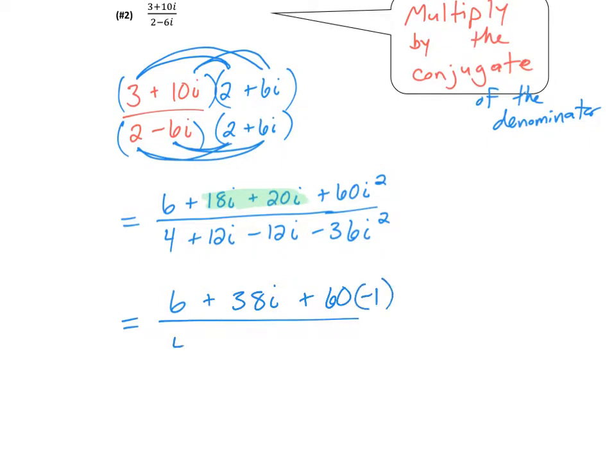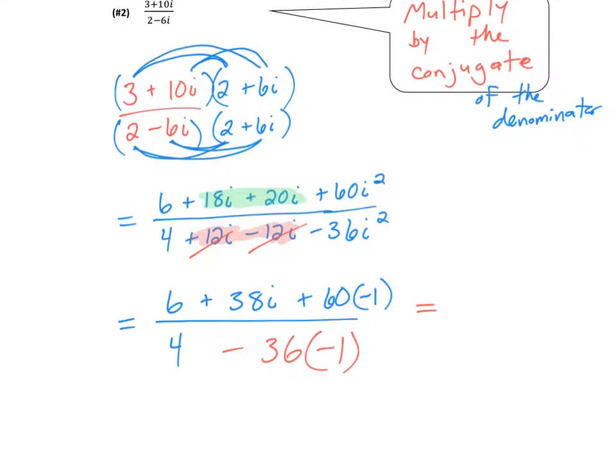In the denominator, we have a 4. See the 12i and the minus 12i? Those actually cancel. Then we have a minus 36 times negative 1. So you see when we do this, we eliminate all the i's on the bottom by multiplying by the conjugate.